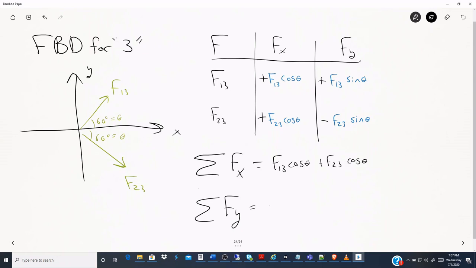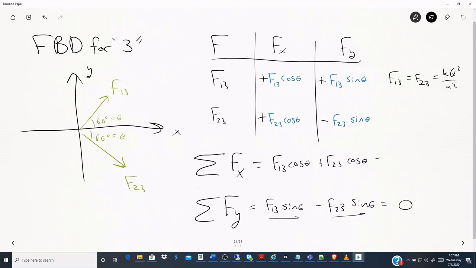And the y component of the net force is F13 sine theta minus F23 sine theta. But remember that F13 equals F23 because they're both k q squared over a squared. So when I look at this thing on the bottom, this is actually a 0 because I'm subtracting something from itself.